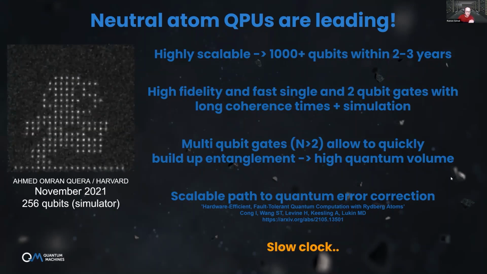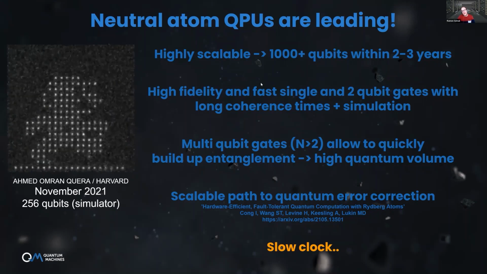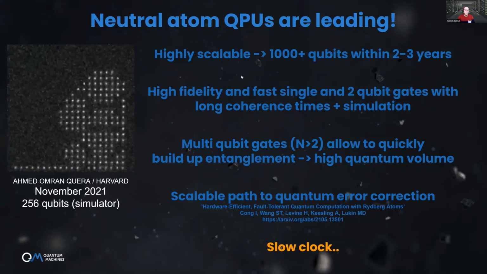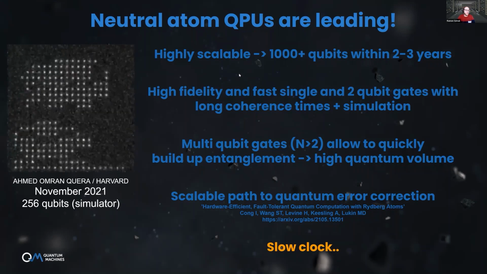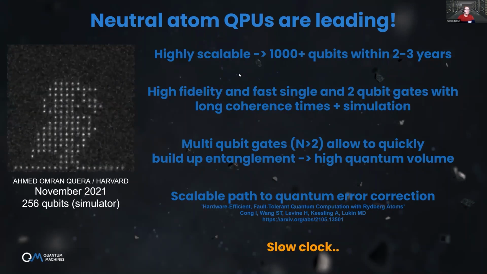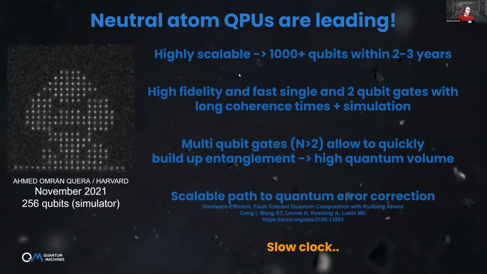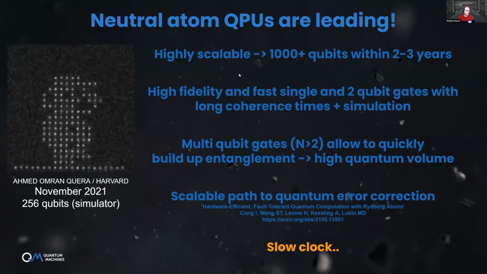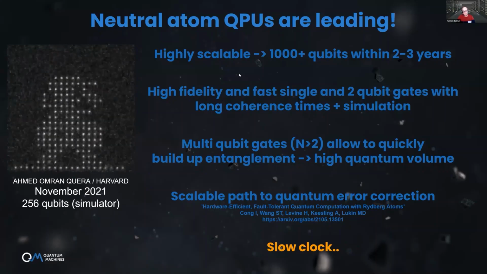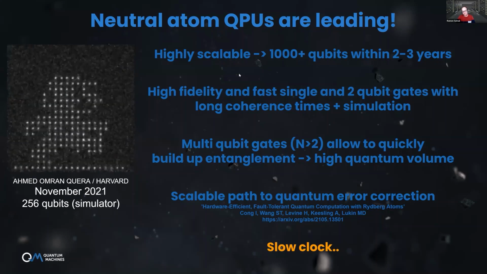They are serious competitors. And the reason I think so is, well, first of all, they're highly scalable. I think out of all platforms, it's the easiest to envision a world with multiple thousands of qubits. With superconducting qubits, you have roadmaps by IBM or Google or others reaching into the thousands and beyond.